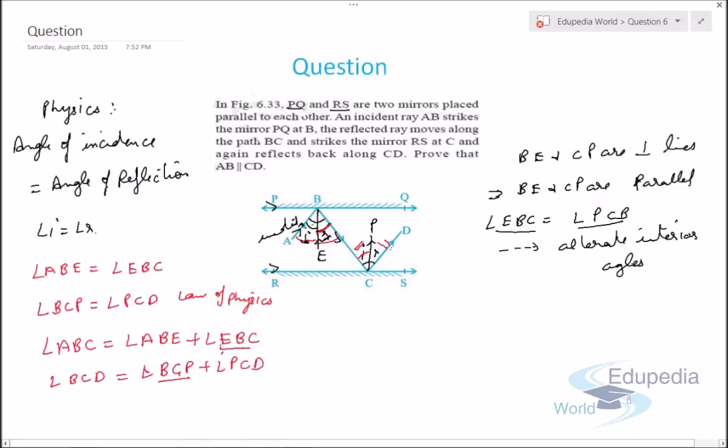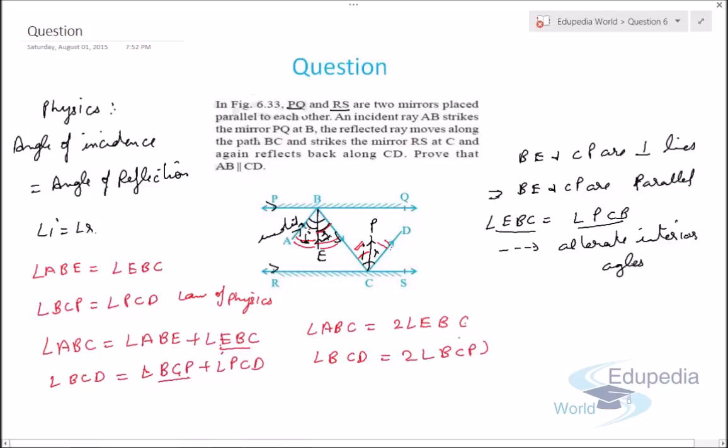According to the laws of reflection, this angle equals this angle, so we can write angle ABC as 2 times angle EBC. Why? Because this complete angle equals twice this angle. Similarly, we can write angle BCD as 2 times angle BCP.